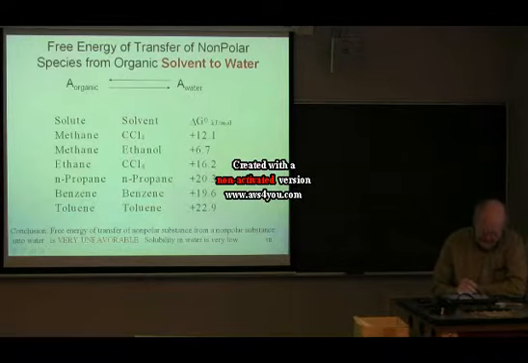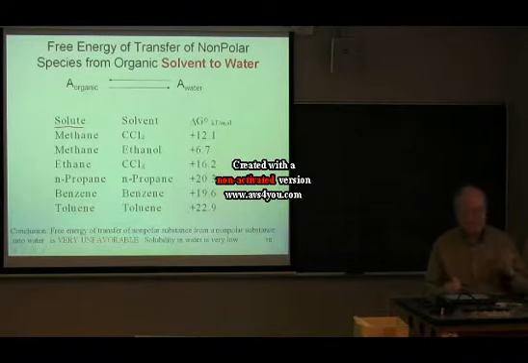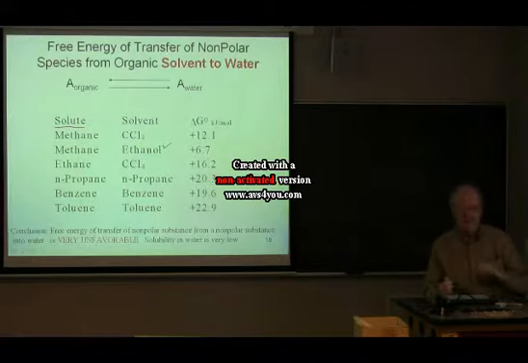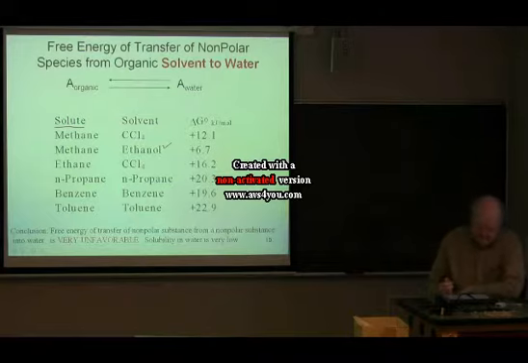Okay, here's our solute. There, you can read the list. They're all very nonpolar substances: methane, ethane, benzene, toluene. The solvents here, there's a lot of solvents, but you have to say that these are all relatively nonpolar, with the exception of ethanol, but I put ethanol in there just to show you how wide-ranging this is. Certainly all of these solvents are less polar than water, right?